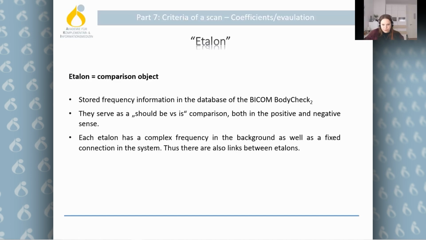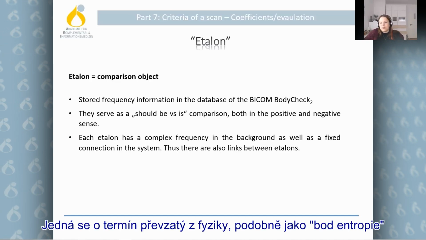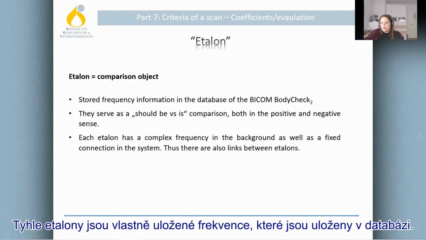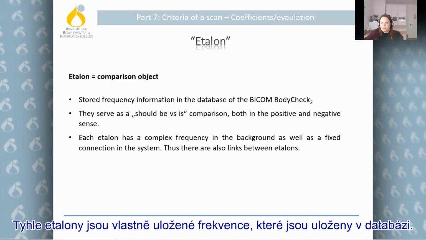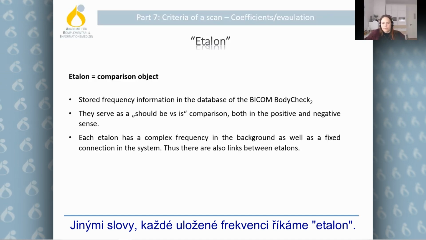It's a term taken from physics, again, like the entropy points. These echelons are used for the stored frequencies which are saved in the database of the BBC. Every stored frequency is called an echelon.